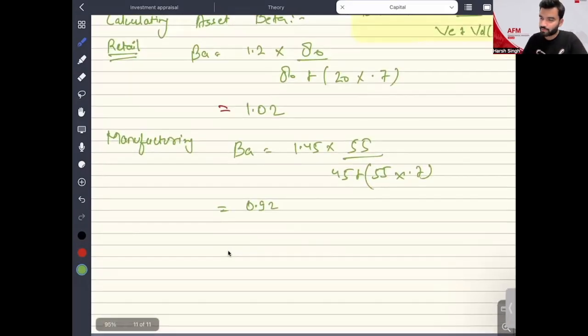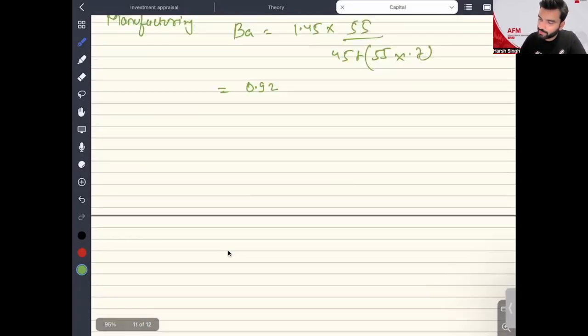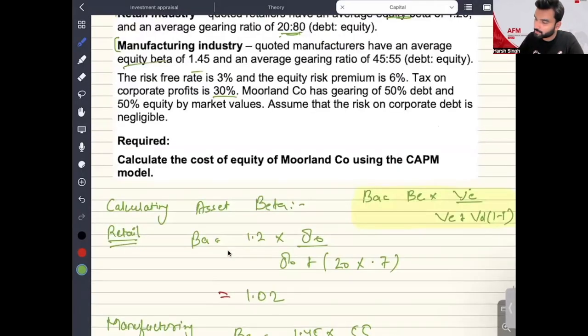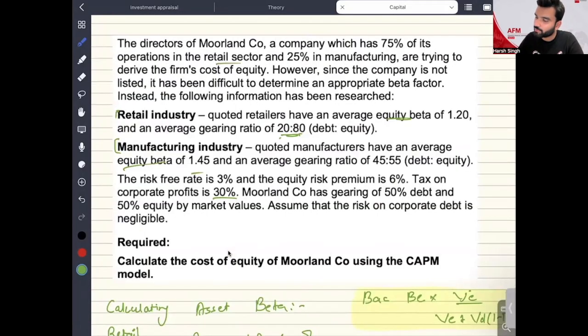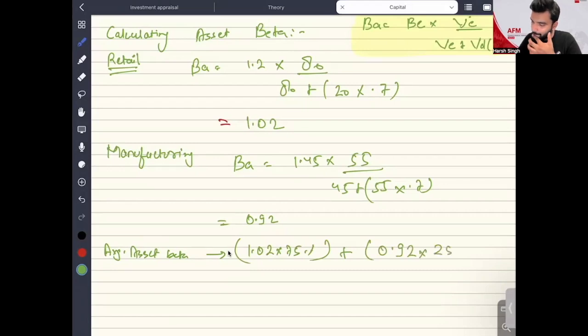0.92. Now let's take up the average. So for retail, what was the average asset beta? I'll calculate. It was 75% retail, 25% manufacturing: 1.02 into 75% plus 0.9 into 25%.